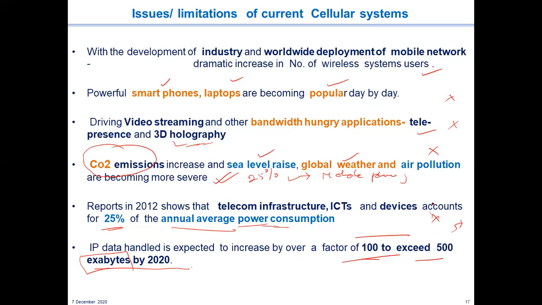In comparison to 4G, the new communication system should achieve 1000 times capacity. Then only we can use all these things. And one more requirement is 10 times more spectral efficiency. That is the important one.